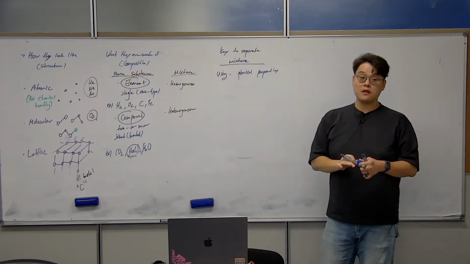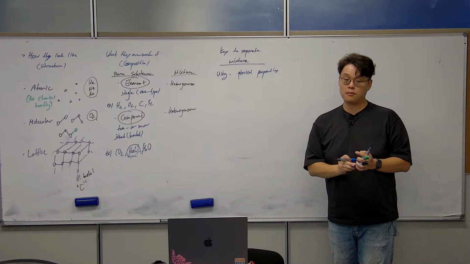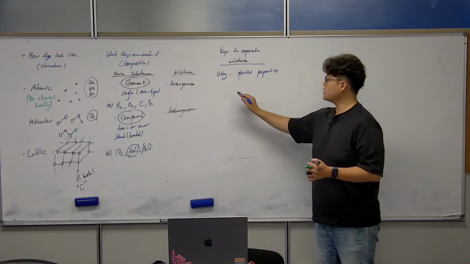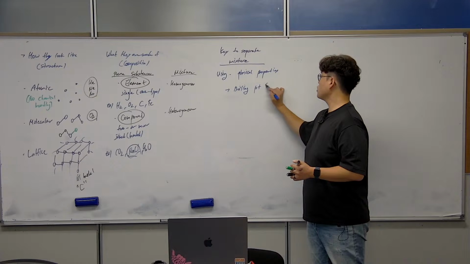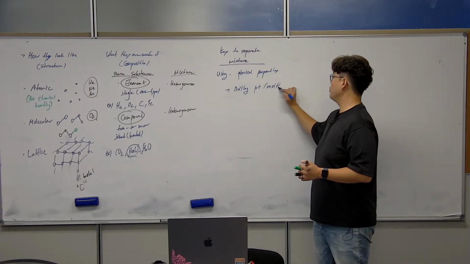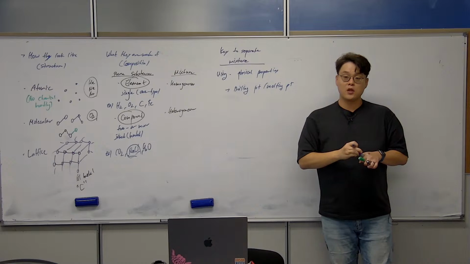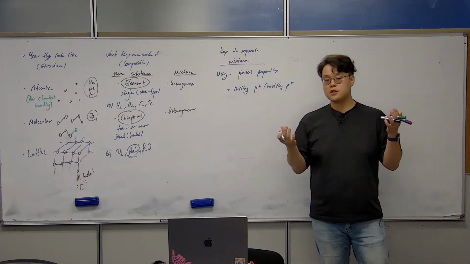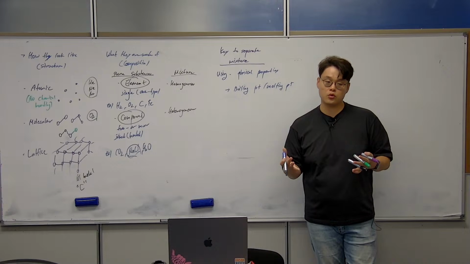By using different types of physical properties, we are able to separate the mixture. A good example is, as you said, the boiling point, or the melting point sometimes too, but we more likely use the boiling point. The salt and water mixture can be separated by basically boiling that salt water.